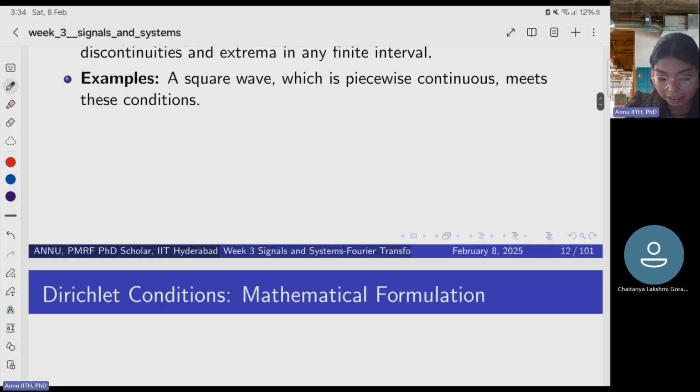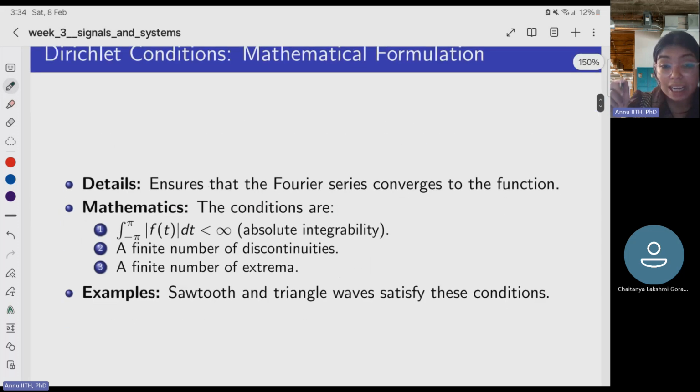Now, it should be absolutely summable also. If we do integration over a particular time interval, it should be very much less than infinity. So finite number of discontinuities, absolutely summable, and finite numbers of maxima and minima. For example, sawtooth functions and triangular waves satisfy these conditions.